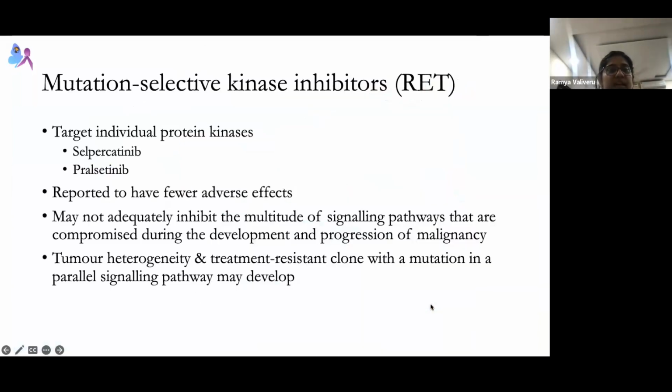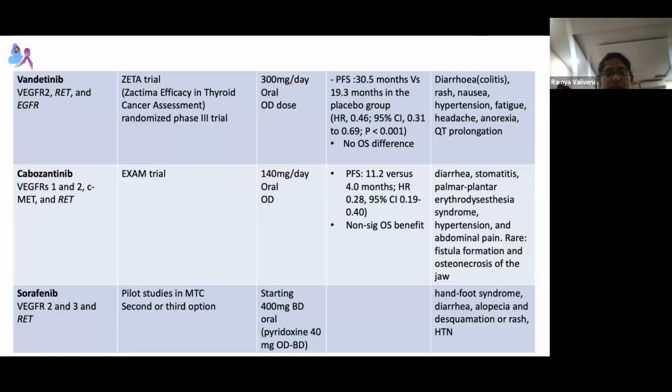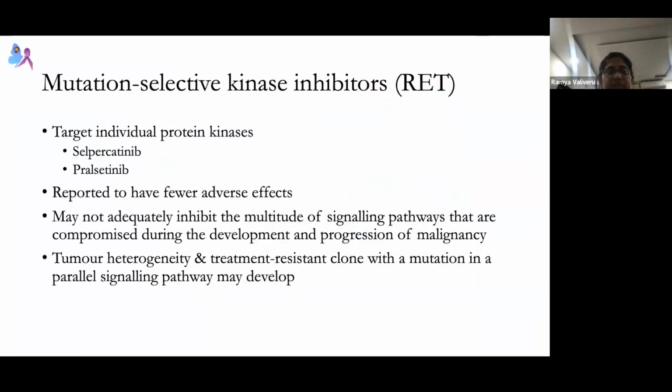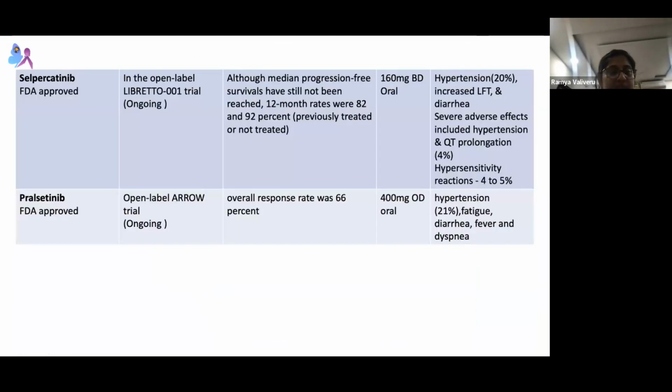So these are non-specific. Coming to mutation-specific selective kinase inhibitors, we have selpercatinib and pralsetinib. And actually, you have to tell me what is the latest about selpercatinib. Dr. Rijuta, I'm sure you have something more to tell me about selpercatinib.